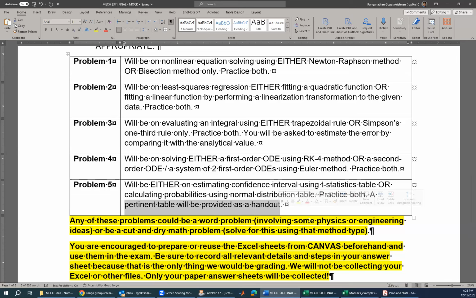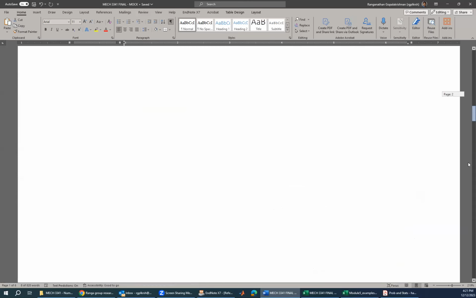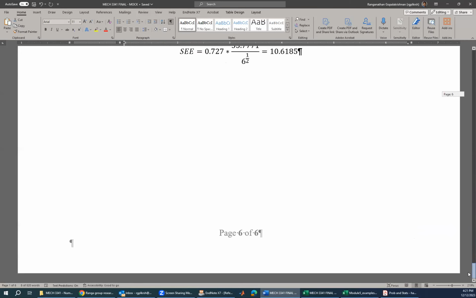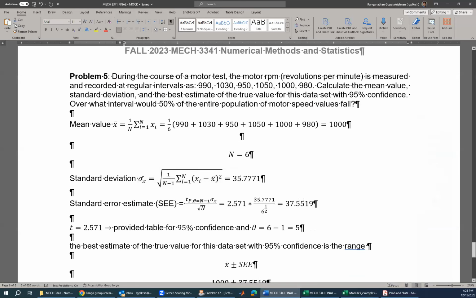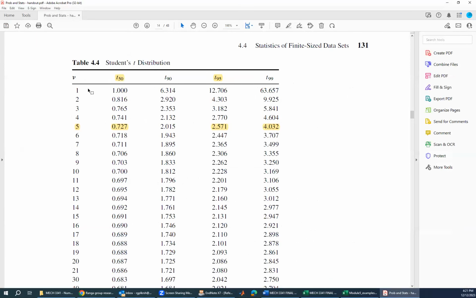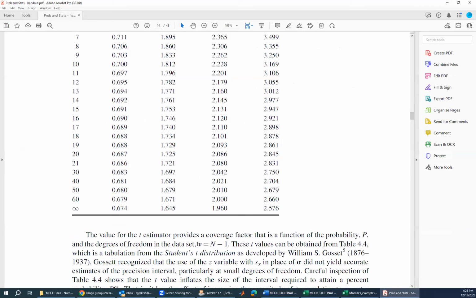Any questions? I have a question about the t table. You said when it's small, you don't use n-1. So when do you use it? No, you always use n-1. When you calculate standard deviation, you put n-1, and the degrees of freedom nu is always defined as n-1.